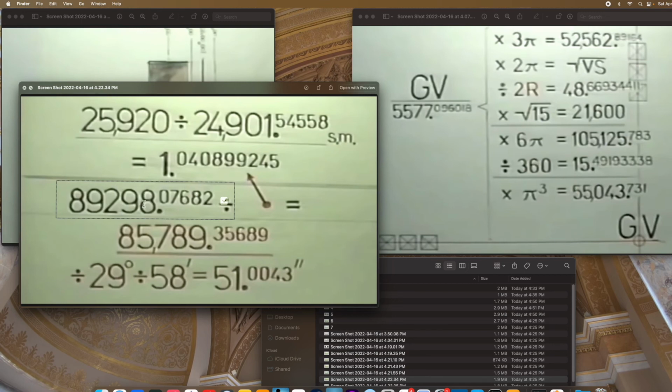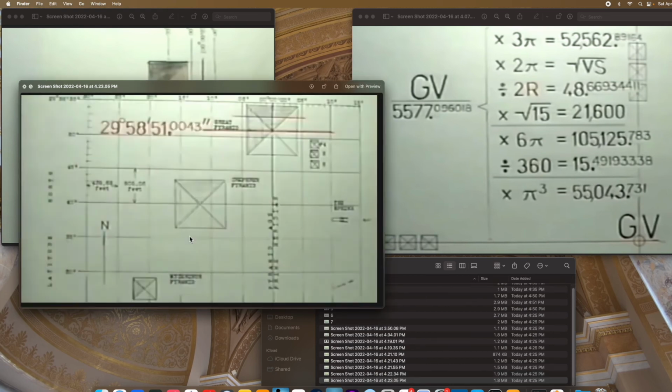Well, let's take that grid longitude we just found with the tangent, the 89,298 that we just found, and divide it by that number that we just got from precession and the Earth. You get the apex, y'all. You get the grid longitude of the actual pyramid, you know, north of the equator, y'all. It's 29 degrees, 58 minutes, 51.0043 seconds north of the equator.